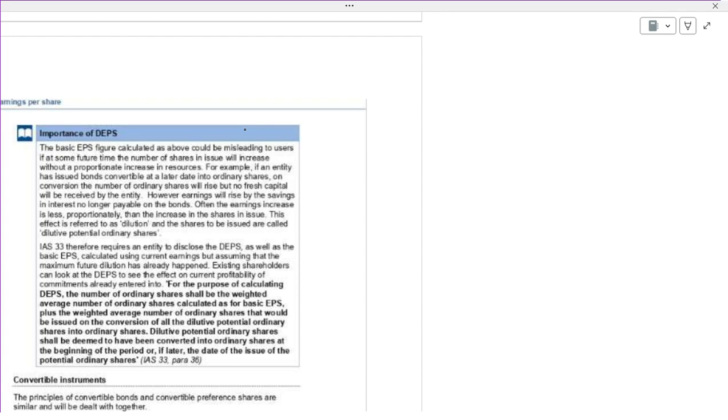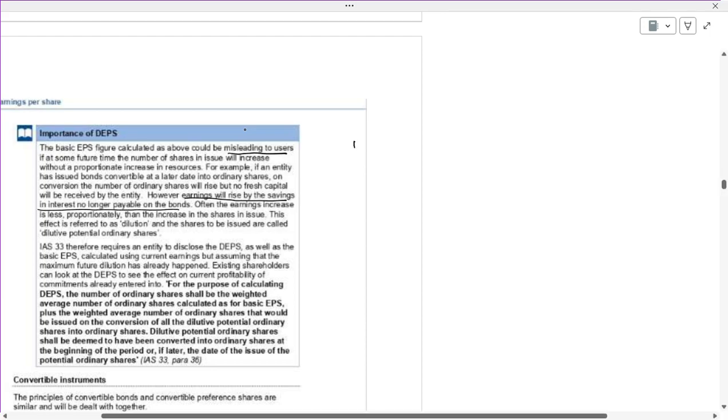calculated above could be misleading to users. Sometimes it will mislead the users. We want to make it very clear. Important points: earnings will rise by savings in interest, no longer payable. You have the bonds, and you are converting bonds to equity. On the bonds, you pay interest.